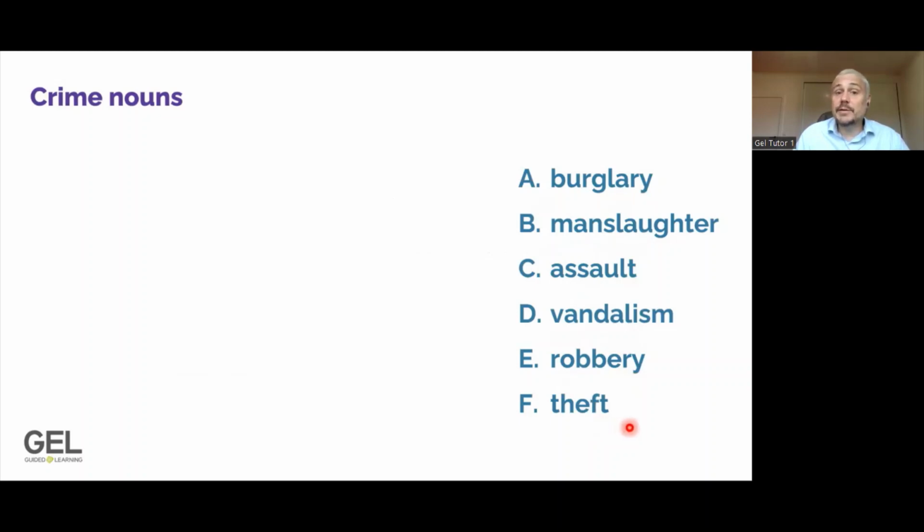We are going to try to match these types of crime to descriptions of the crime. Look at number 1. Unintentionally causing someone's death. Which crime matches this description? Look at the next question below the video and choose the correct letter A to F.